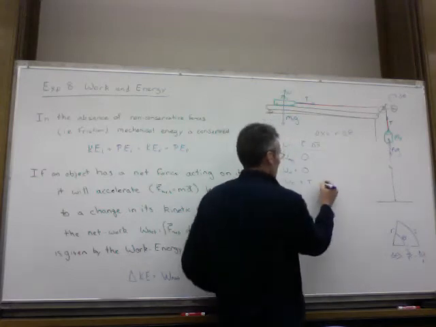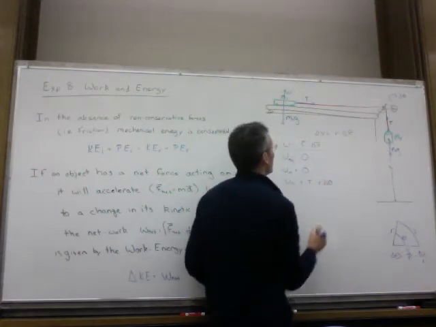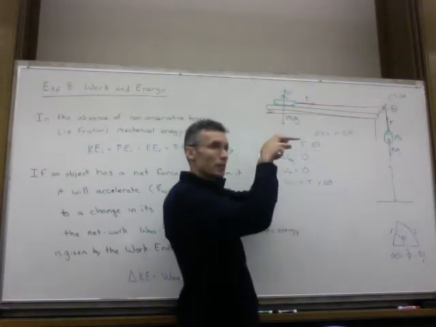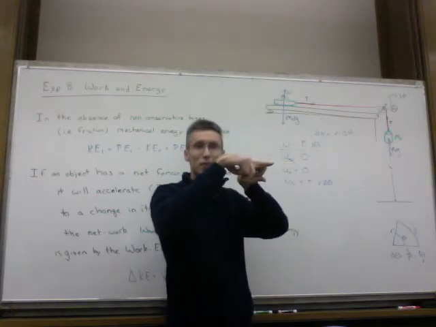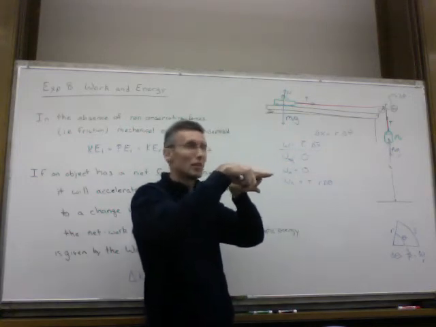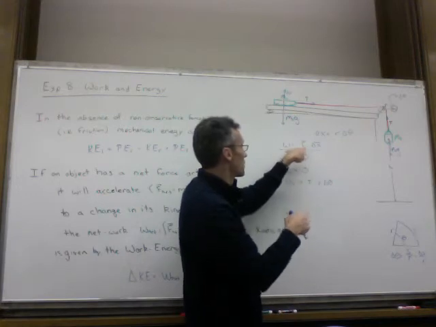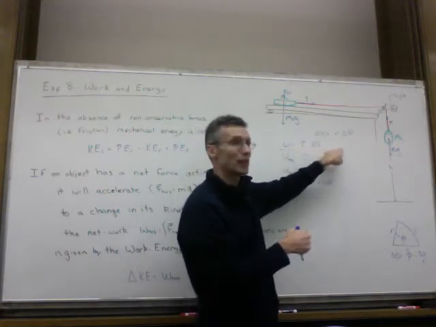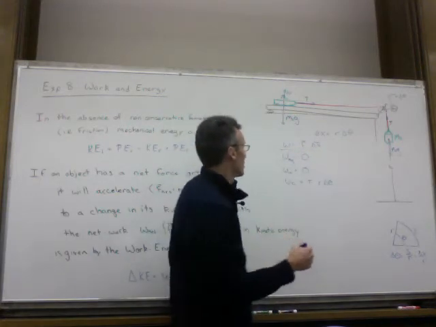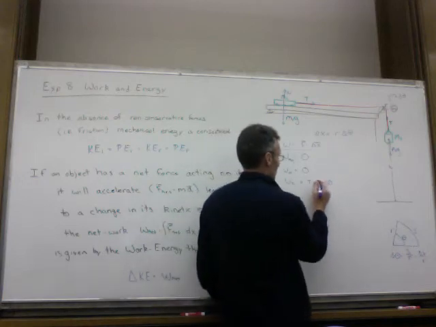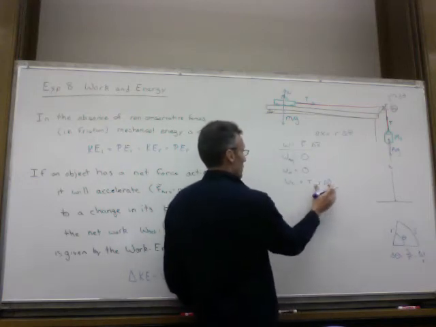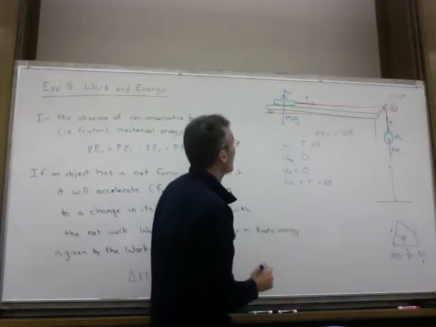R delta theta. And what's the angle between those two? They're parallel, right? So the dot product, remember, is the magnitude times the magnitude times the cosine of the angle. For parallel, that cosine is 1. So this is the work done by tension.